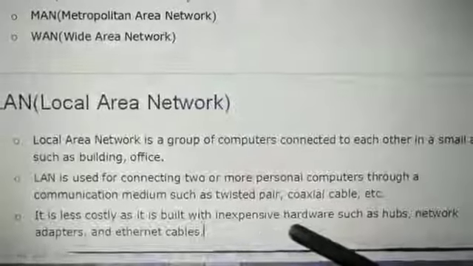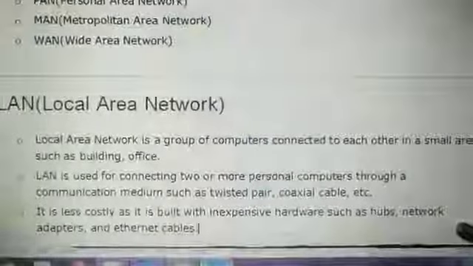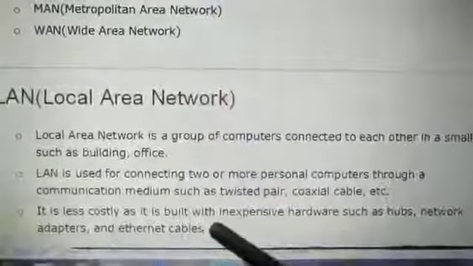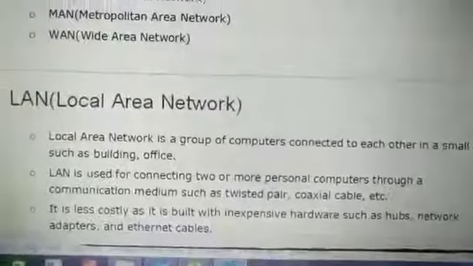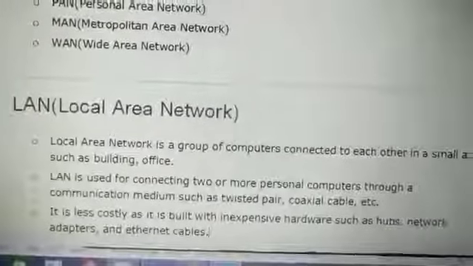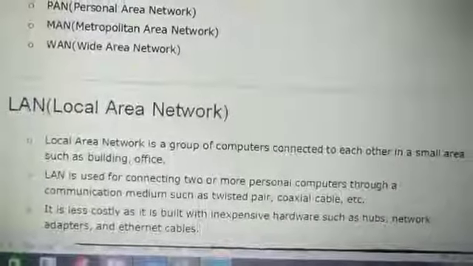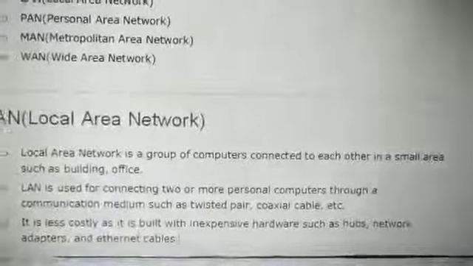Now the next point is that it is less costly, as it is built with inexpensive hardware such as hub, network adapter and ethernet cables. Inexpensive hardware means there are different types in a network.